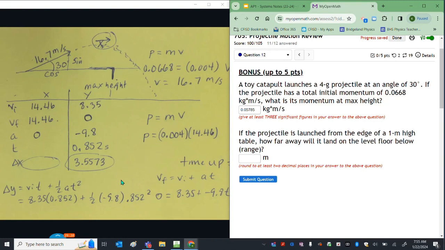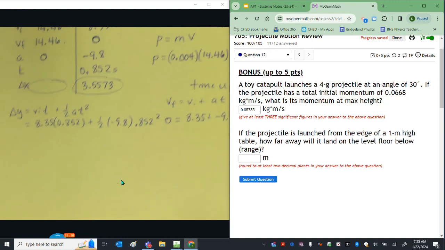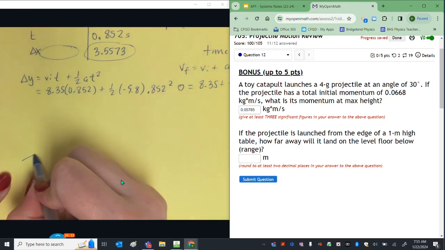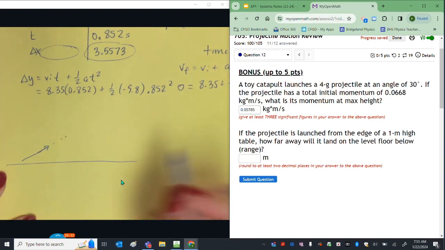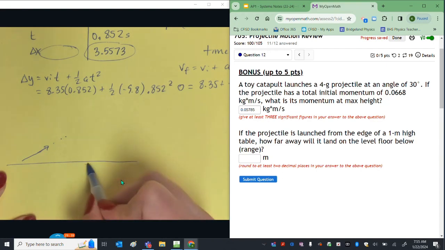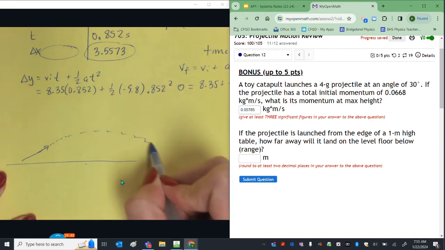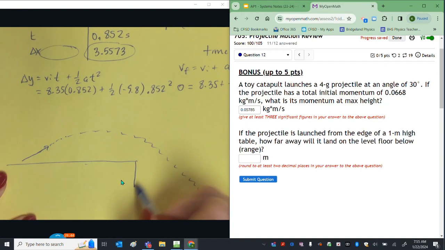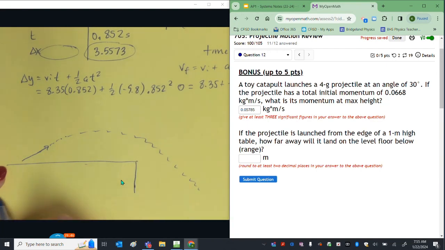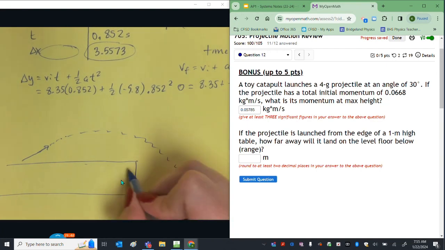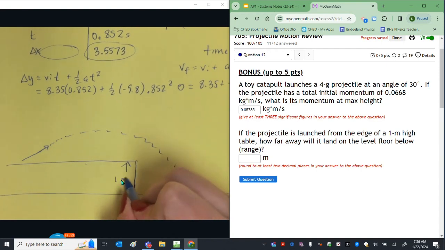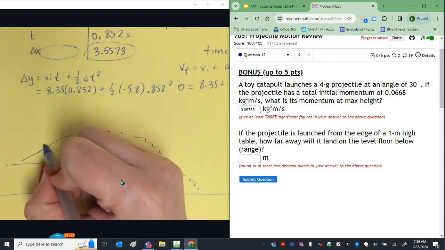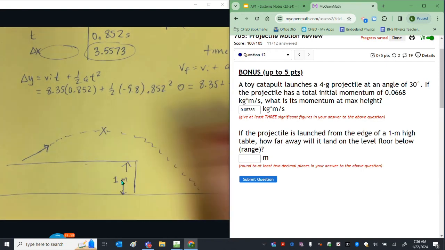Okay, so we have this thing launched. I keep drawing it, I don't mean to draw that all the way. All right, I know this is 1 meter high. I know that max height right there.